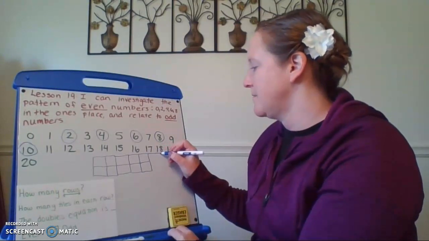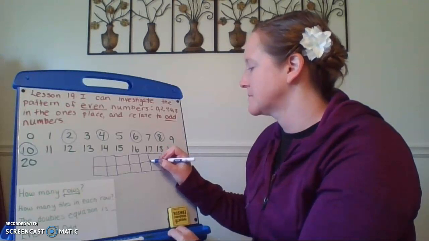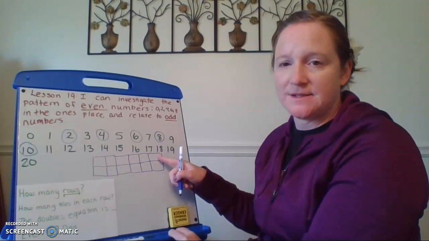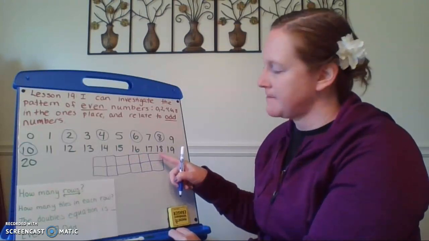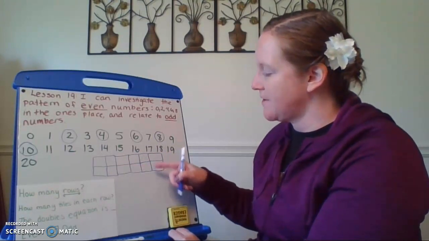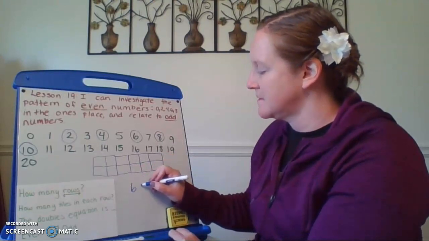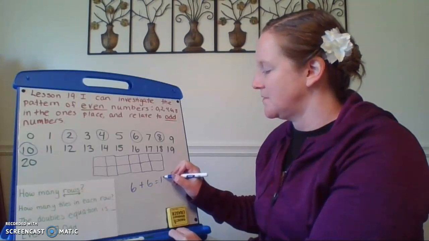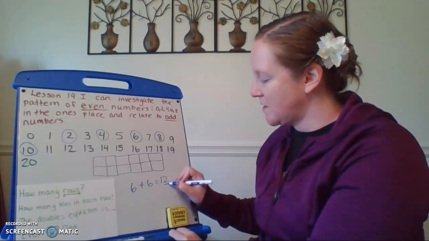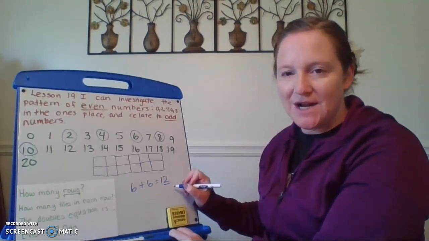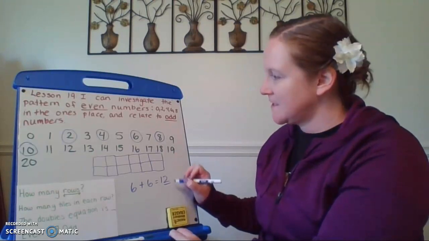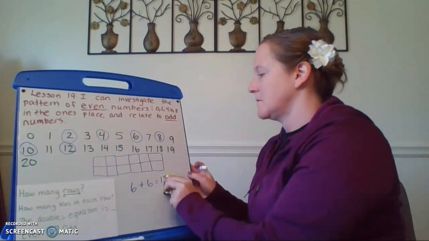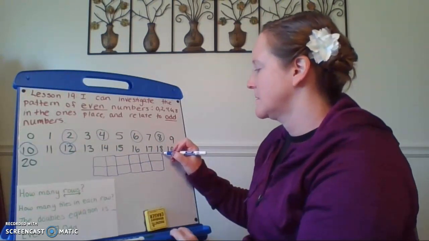Okay, so now I have still 2 rows. 1, 2, 3, 4, 5, 6 in each row, right? Because they're partnered up. So it's 6 plus 6 equals 12. Here's my ones place. Is it even or odd? It's even, so let's circle it. Okay, let's keep going.